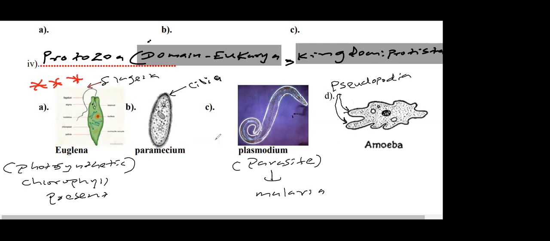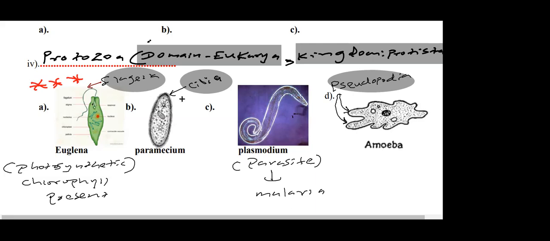Euglena, Paramecium, Plasmodium and amoeba. The locomotory organelles you have to remember: flagella, cilia, pseudopodia. These are the 3 locomotory organelles. Pseudo means false, pods means feet, that means false feet. All are eukaryotic, they all have a nucleus, and they belong to kingdom Protista. Only Euglena is autotrophic, all the others are heterotrophic.